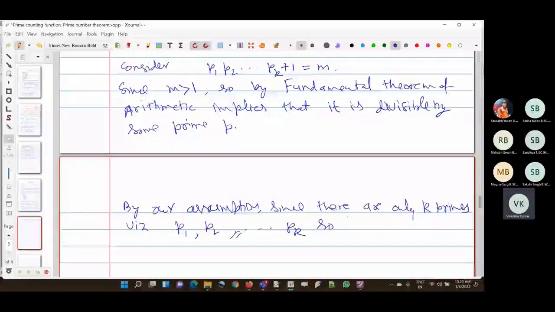So because there are only k primes, p must be one among these. Is it okay?